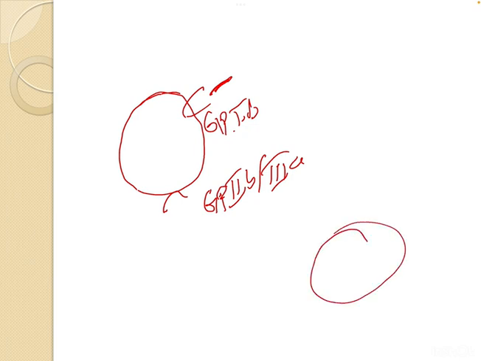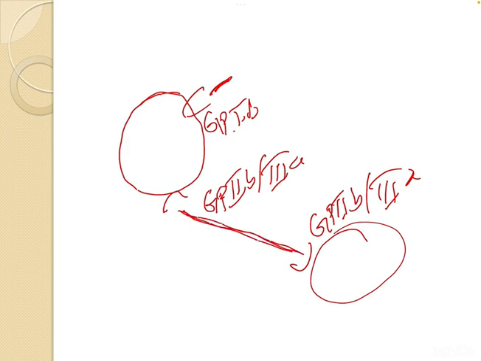Platelets also have the GP 2b 3a receptors, and in between these two there is binding of fibrinogen.